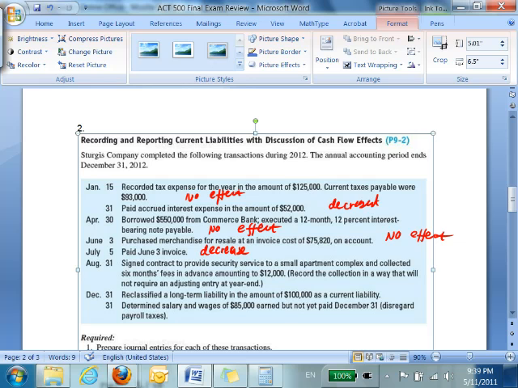August 31st, sign contract to provide security service to a small apartment complex and collect 6 months fees in advance amounting to 12,000. Okay, so August 31st, they collect cash for the service in advance. So the cash flow will increase.